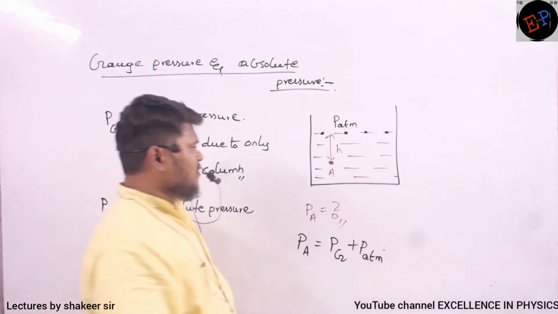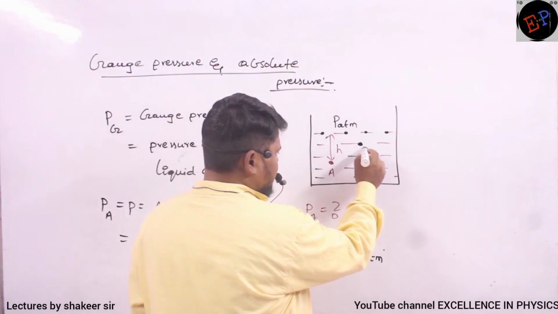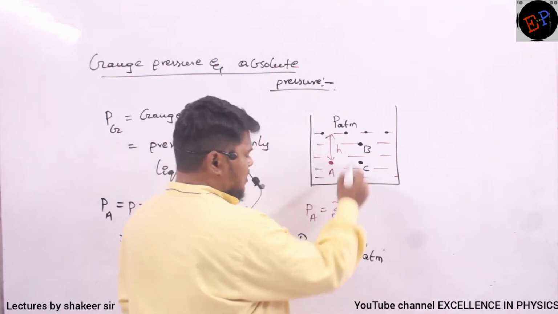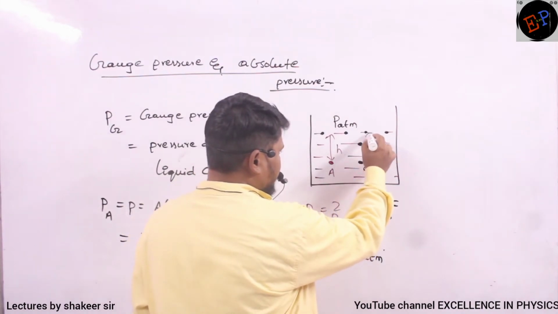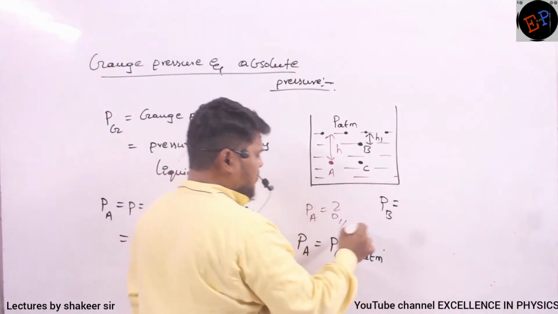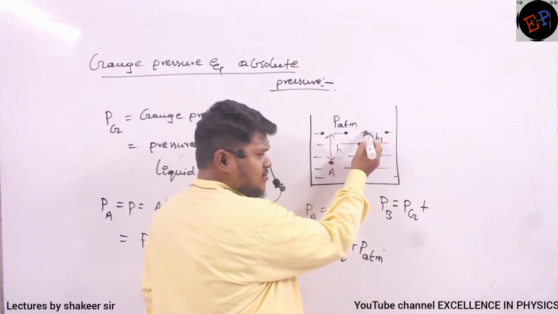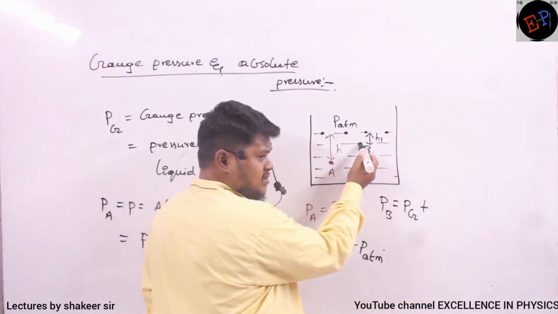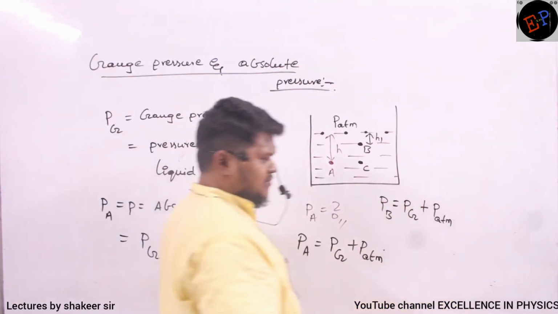For example, let us consider two points, B and C. At point B, what will be the total pressure? Let us consider this height is H1. One pressure is because of gauge pressure, and atmospheric pressure has increased here. The same increase of atmospheric pressure will be present here also. So in addition to gauge pressure, atmospheric pressure is also present.